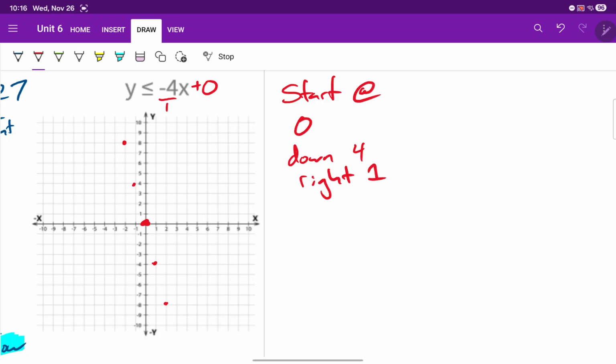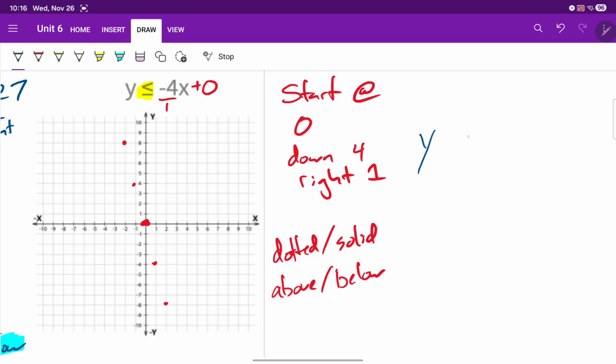Now we need to decide, is it dotted or solid? And is it above or below? Okay. If I were to write this out or read this, we are saying y is less than, make sure I get it right this time, or equal to my equation.